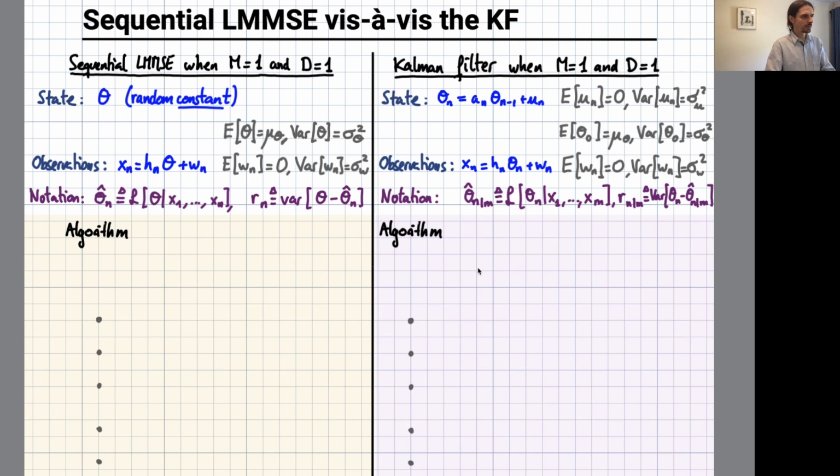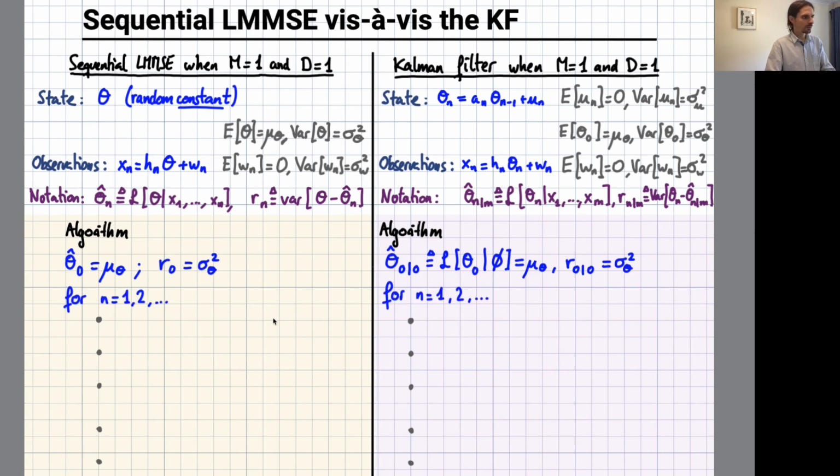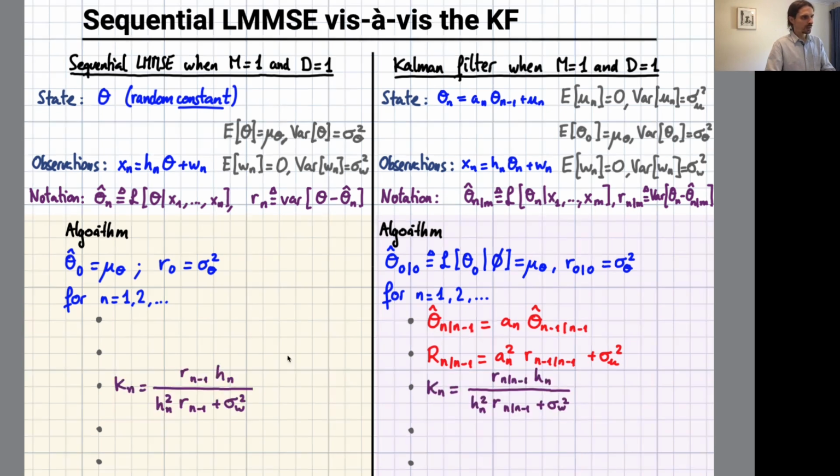So let's look at the iterations. The initializations are exactly the same, and then for every iteration, the Kalman filter performs this prediction step, which is not present in the LMMSE estimation algorithm. But the next steps coincide.